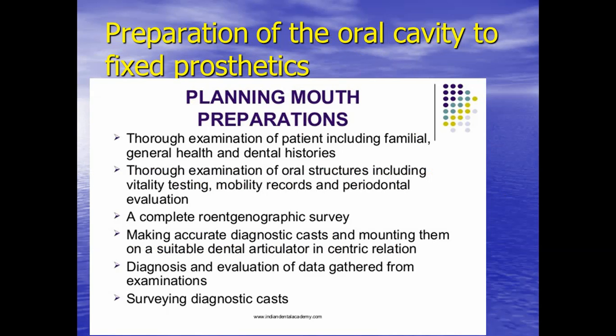now we are to talk about preparation of the oral cavity for fixed prosthetics. What is this? Preparation of the oral cavity includes definitely examination of the patient, setting diagnosis, selection of a treatment plan. We can use different additional methods that you see on the screen.